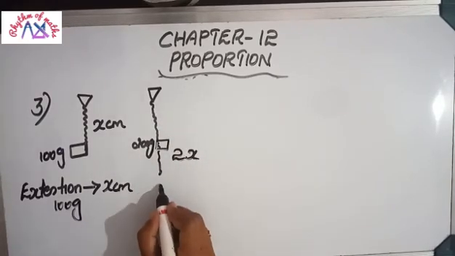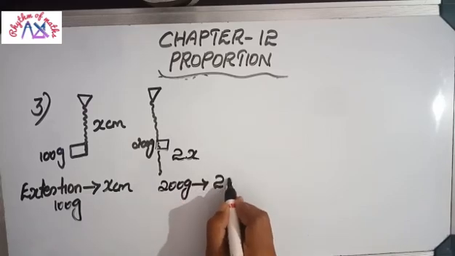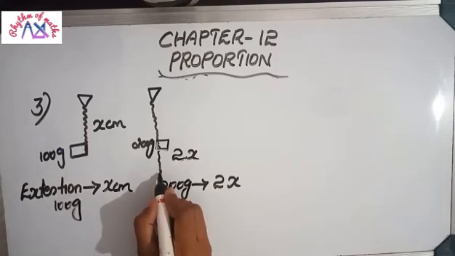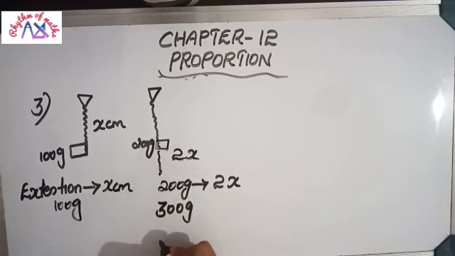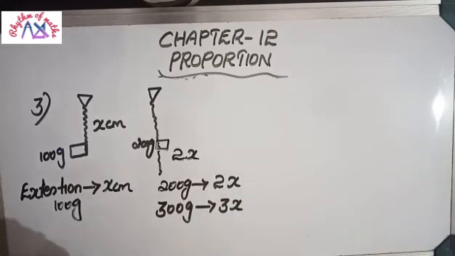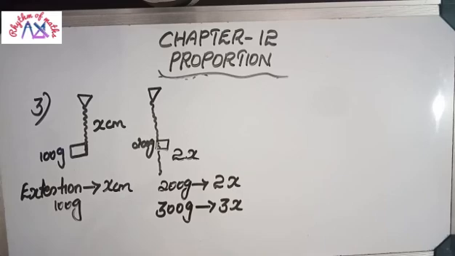So for the second case, if weight is 200 gram, extension will be 2 into x. Similarly, if weight is 300 gram, this spring will extend a little bit more, so extension will be 3 into x. Like this it will move. By marking this, we can find the measurement.